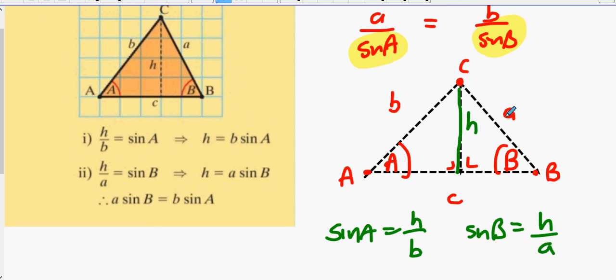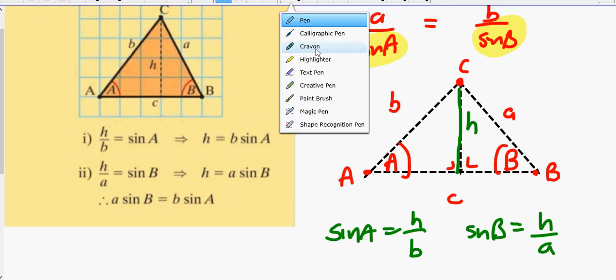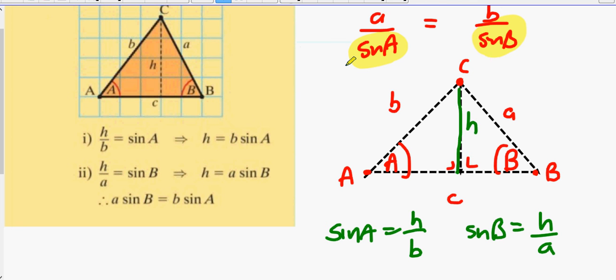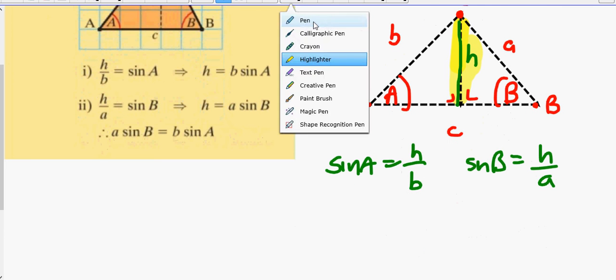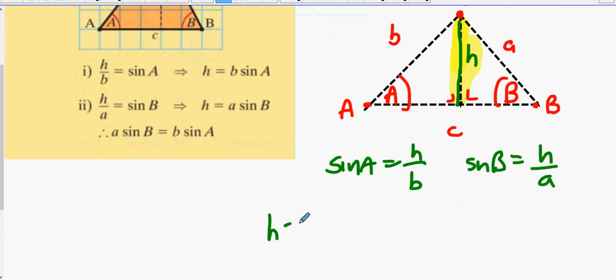Now here's what you're going to do next. What line is in both triangles? So if you isolate H, you can explain both triangles in terms of each other, okay? So what we're going to do is isolate H on its own. So what's H on its own here? And in turn that will equal?